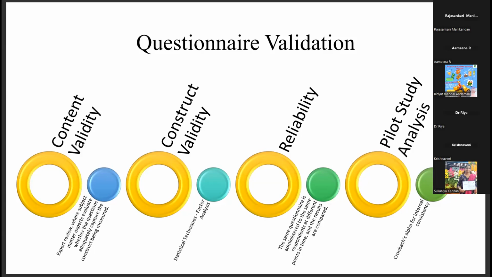And then to check the reliability of the questionnaire, you have to do the Cronbach alpha test. So what is this Cronbach alpha test? Say, for example, obviously the sample respondents are the same. You are not going to use 2 or 3 different sets of samples unless it is required.